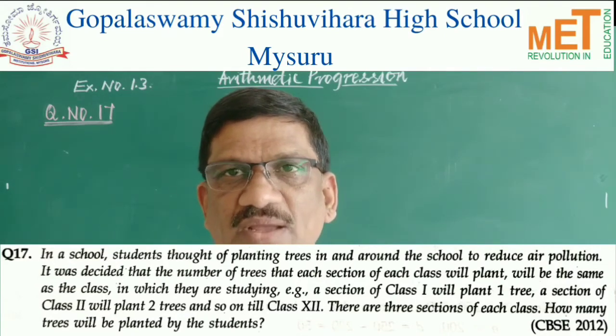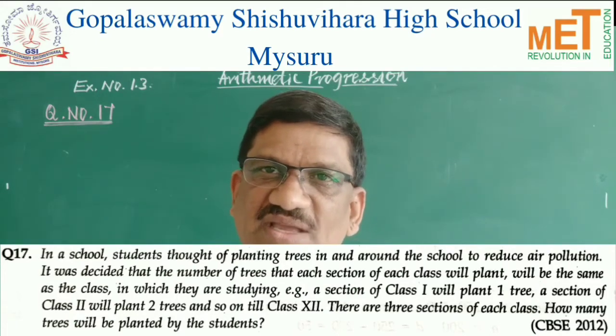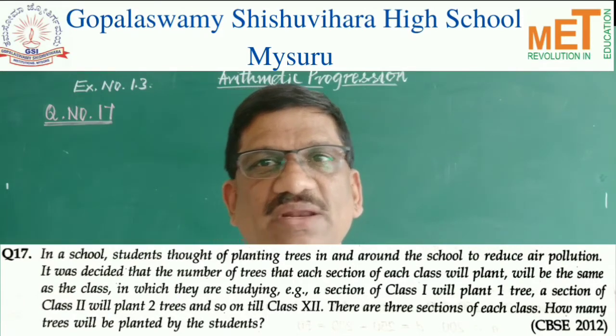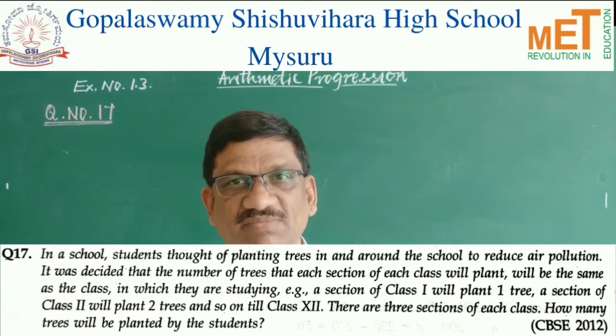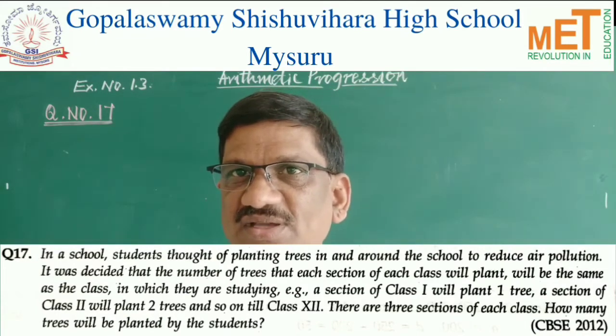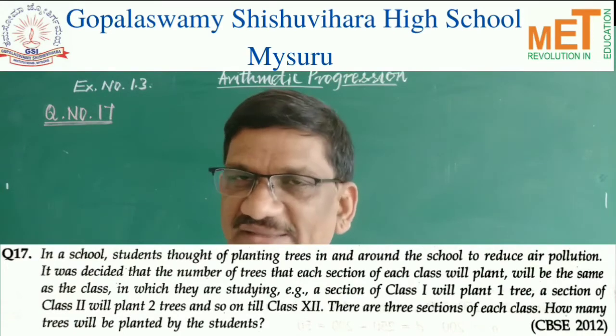Clear, children? But here there are 3 sections in each class. So tell me now how many plants they are going to plant. That means in the first standard there are 3 sections, therefore they are going to plant 3 trees, like that.